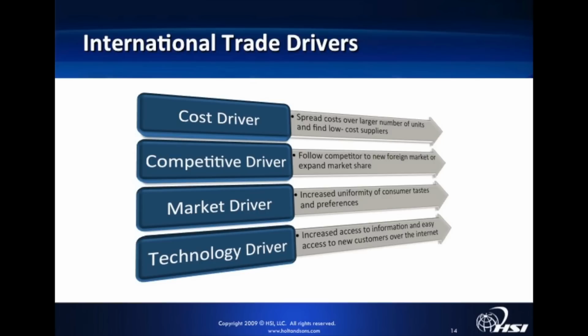Cost has many different variables, but in general, for export, some companies require large capital investments in plants and machinery. It becomes a strong incentive to spread the cost of these fixed costs over a large number of units, therefore causing them to want to export or take their product overseas, getting them into the international market.